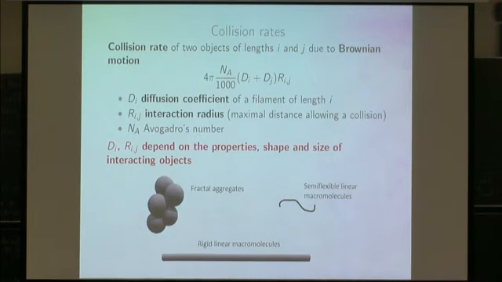For that, you need the size of the object, but also you need to know what type of description you take for the object. You can use, for example, a flexible macromolecule, or you can imagine something totally rigid. Depending on the description, you are going to obtain different expressions for the diffusion coefficient and the radius of interaction.